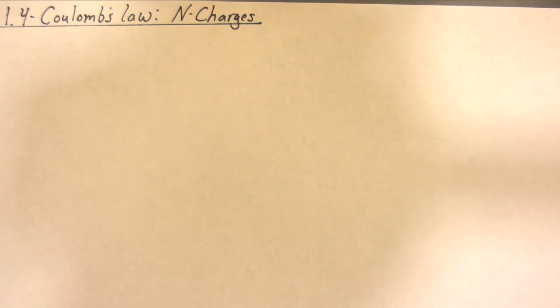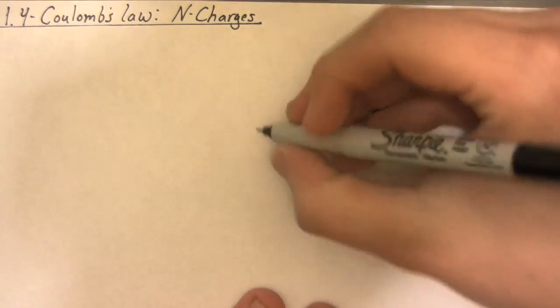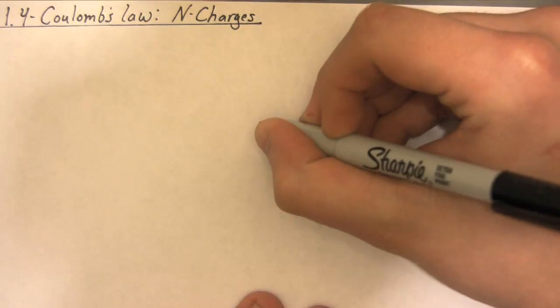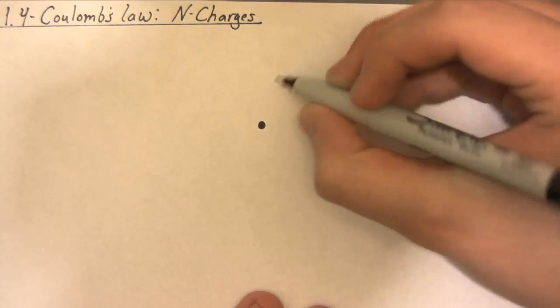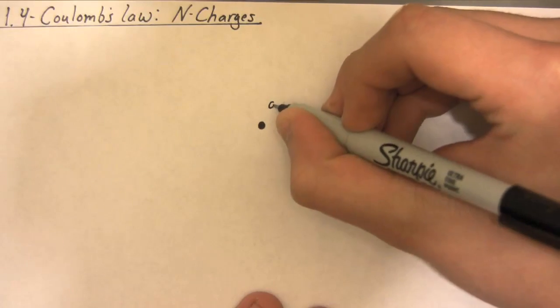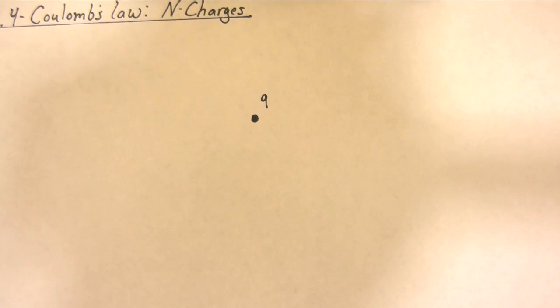So in this video we're going to talk about what happens when we have not only two charges affecting one another, but when we want to consider any number of charges, all the way to 1 charge, 2, 3, 4, etc., all the way to n charges. So we want to consider this charge here. This charge, we're just going to let it be little q, just for the sake of differentiating it from the others.